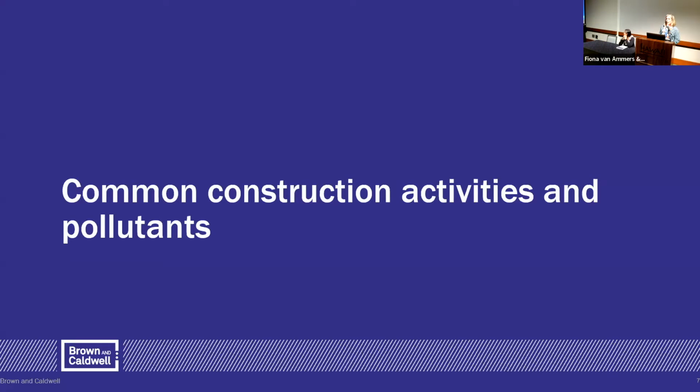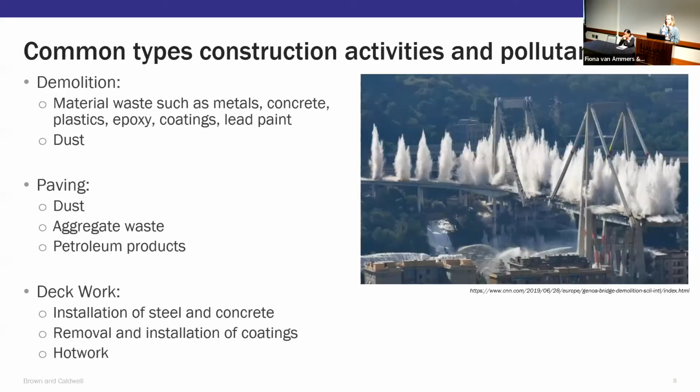All right, so let's talk about some of the common construction activities and the pollutants that can come out of that. So first thing that we often do is demolition. Demolition can produce dust and other material waste. You will likely have paving. You may be milling or grinding pavement, possibly putting down new pavement.